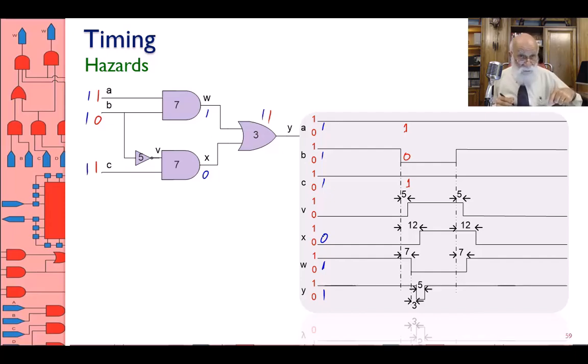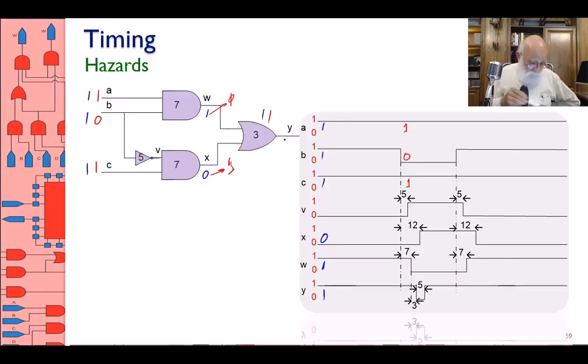Now that B is changing to 0, W changes to 0. But because B complement changes to 1, this changes to 1. Eventually 0 and 1 are ORed together at the output gate, therefore the output should remain 1. But what really happens is not exactly that.